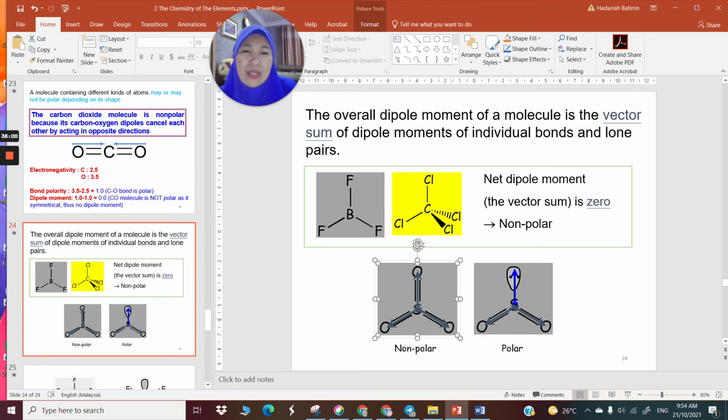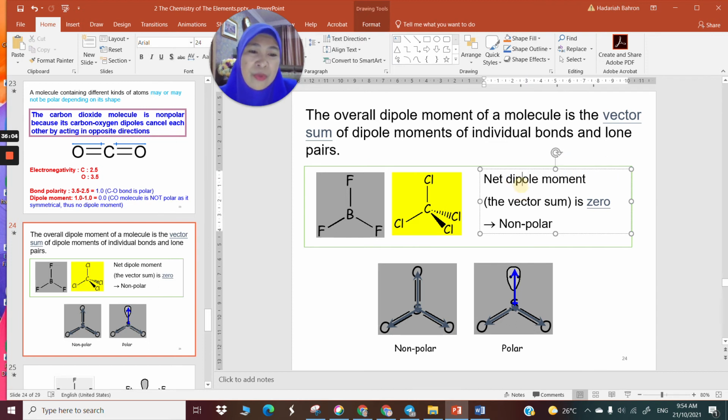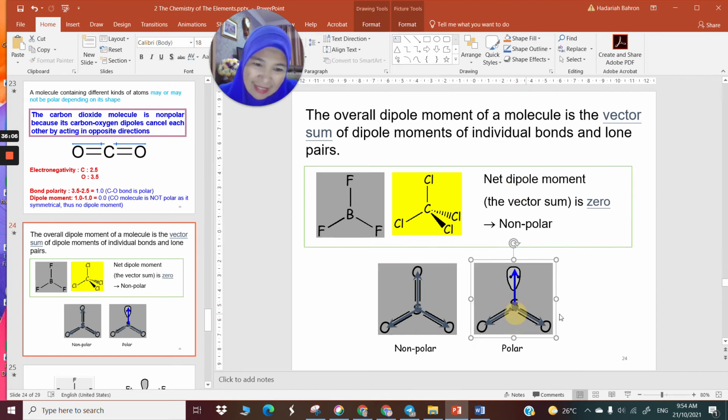So you have a net dipole moment of 0. But if you have a case like this, there is a polar bond between S and O on the left and S and O on the right, at an angle like that. But there is no bond at the top here.